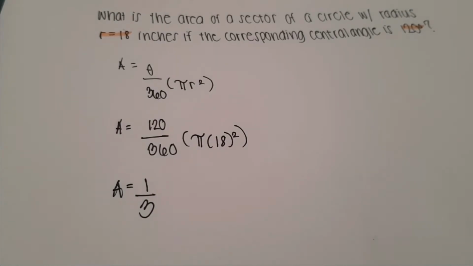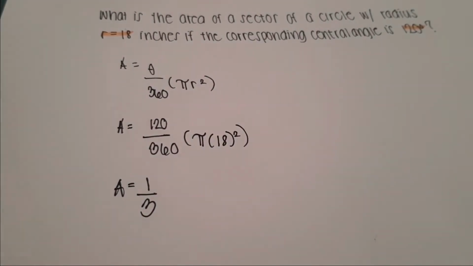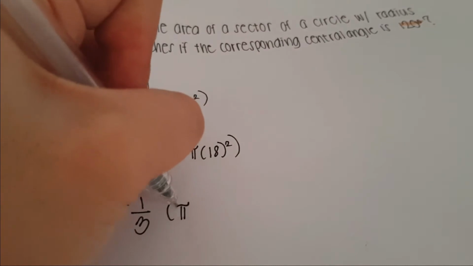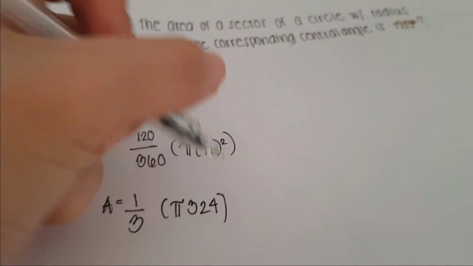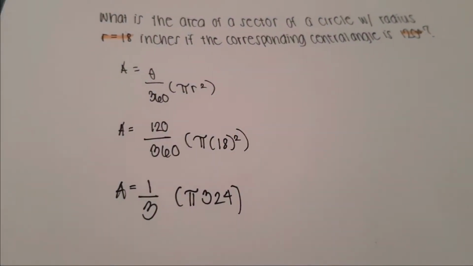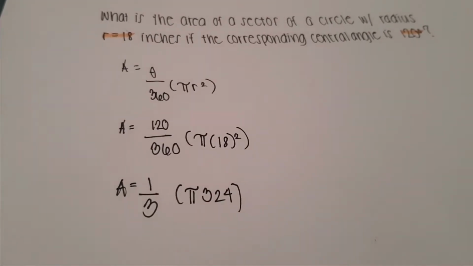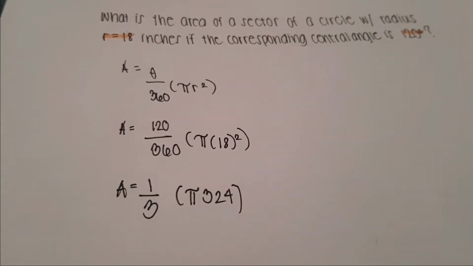And 18 squared is equal to 324. So now we have 1/3 times pi times 324.